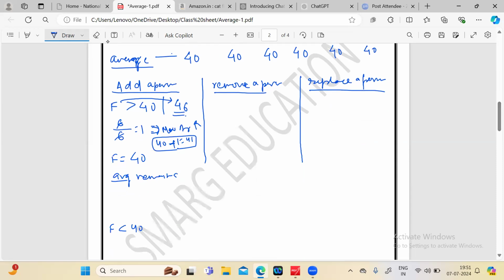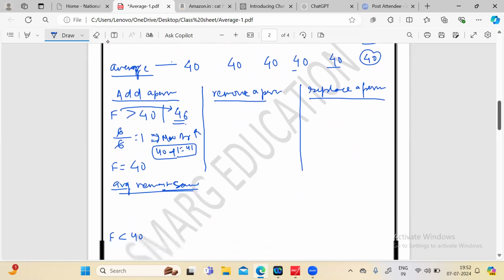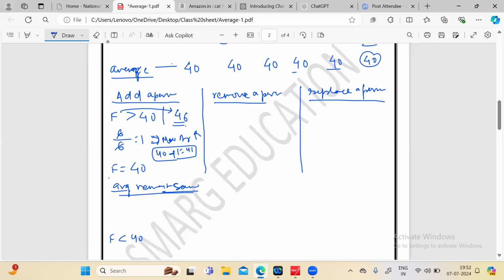Average will remain the same because we will assign 40 to F. So everyone is 40 and F is also 40. So there is no need of further distribution or changes. So to keep the average the same, the new person joining the group should have the same value as the average.